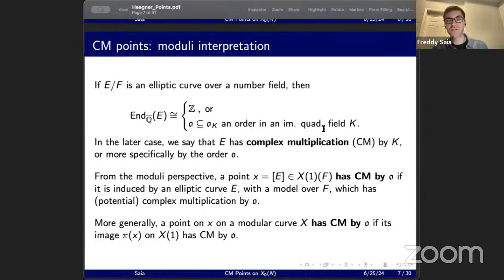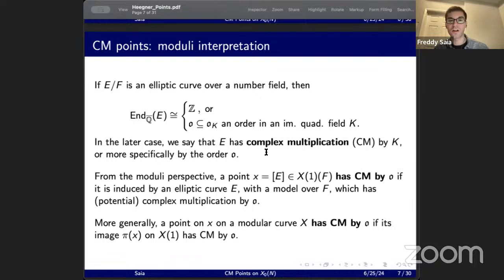And then this is the case of complex multiplication when you have more than just the usual endomorphisms on your curve. And if we want to be very specific, we'll say CM by this order O when the geometric endomorphism ring is O. And okay, so that's what it means for an elliptic curve to have CM.